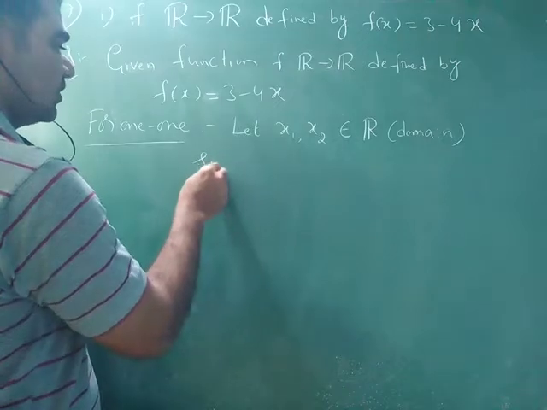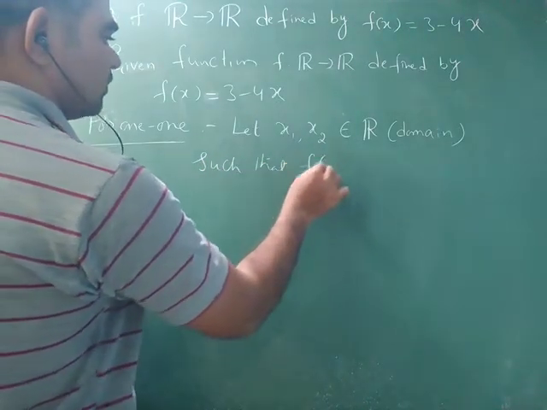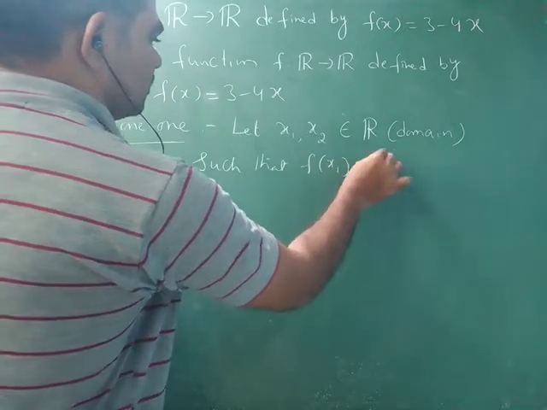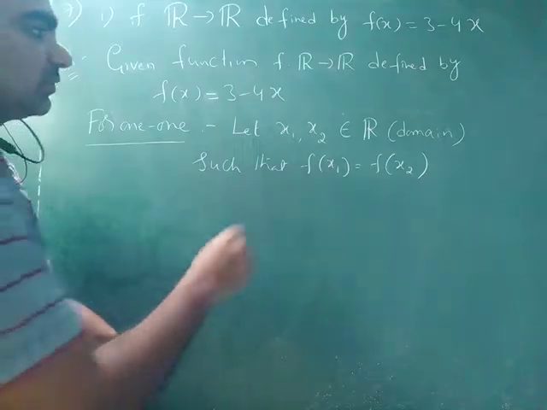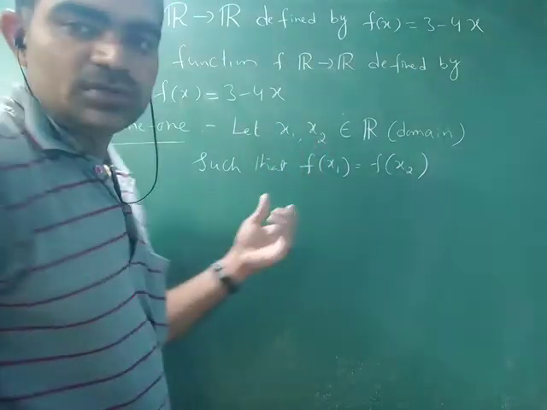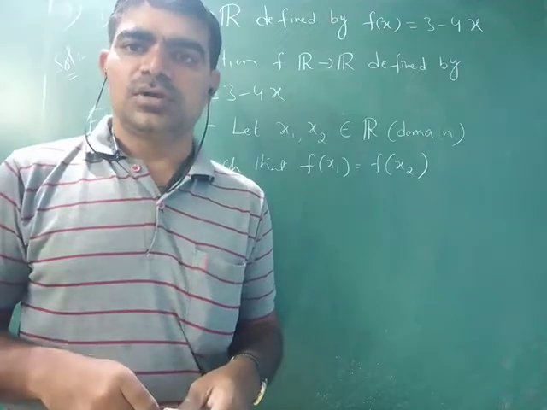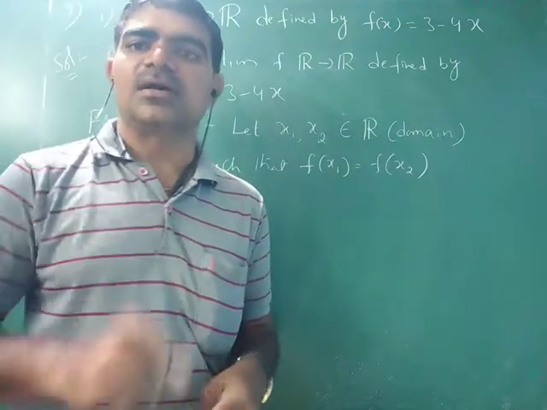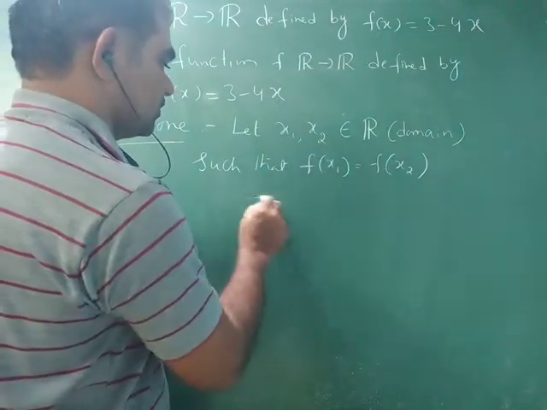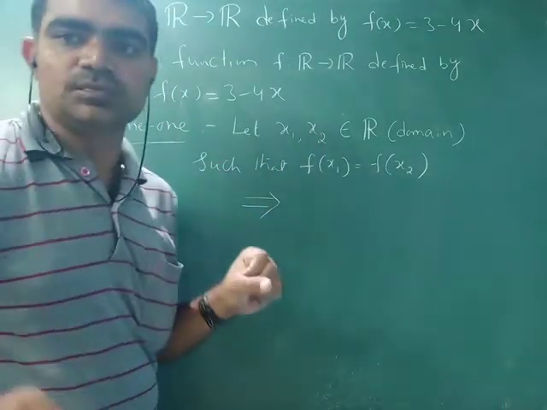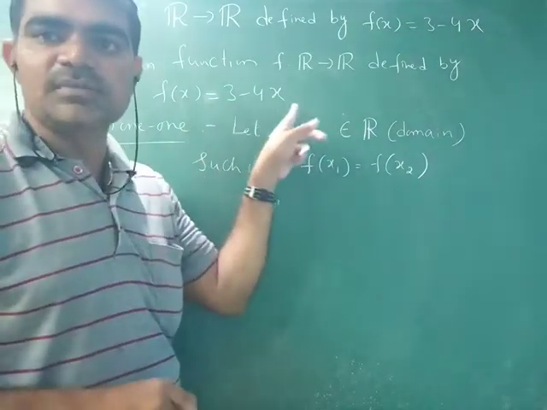Such that, how to assume? Such that f of x1 is equal to f of x2. That means we assume that for these two elements x1, x2, the images are the same. Then we observe whether the elements are the same or not. Clear? So images are same, f of x1 is equal to f of x2. Now according to the definition of the function, f of x is 3 minus 4x.